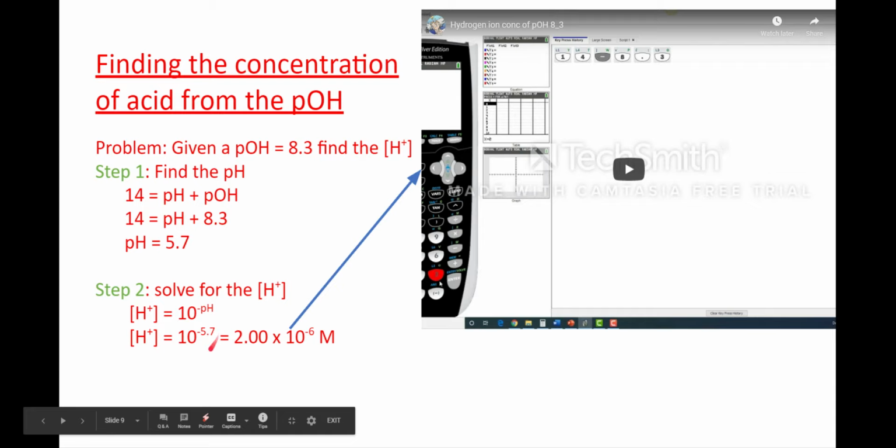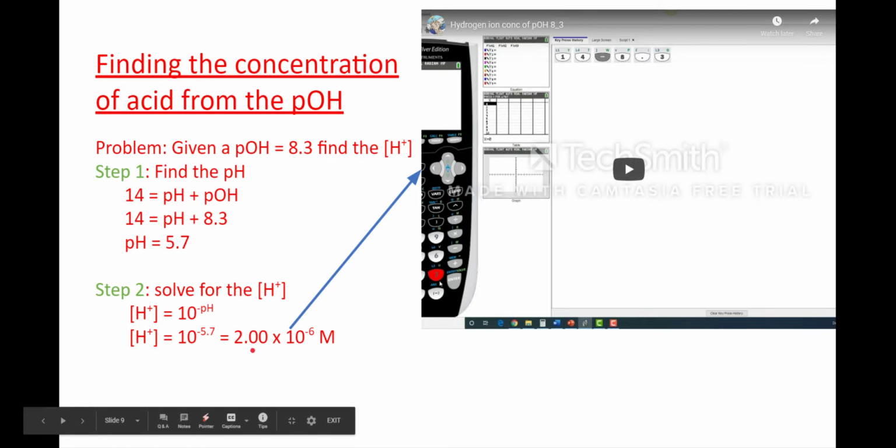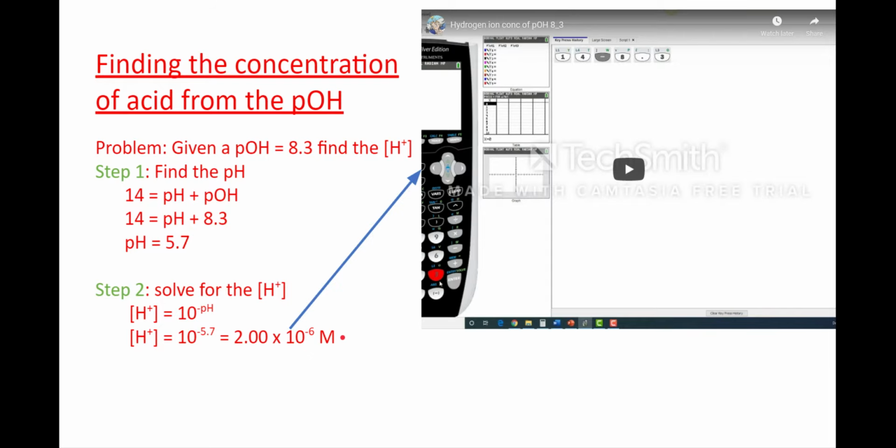If I plug it in my calculator, and you can see how I did that in this video here, it is going to be 2.00 times 10 to the minus 6 molar. 10 to the minus 6 molar is greater than 10 to the minus 7th molar. Therefore, this would be an acidic solution. And we'd expect it to be acidic because the pH is 5.7 and the pOH is 8.3.